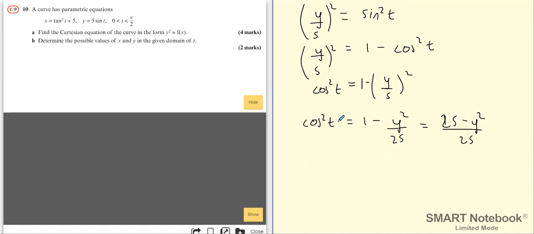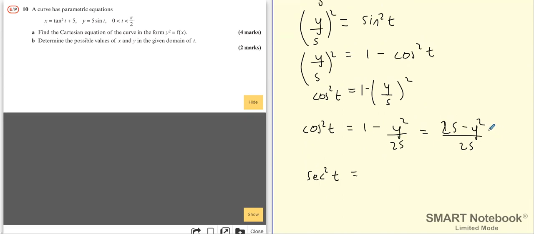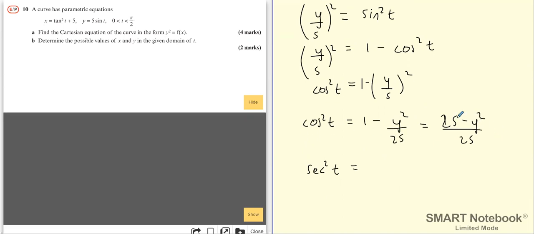Can you please tell me in the chat how I'm going to get sec squared t from this? How am I going to get sec squared t if I know what cos squared t is? Do 1 over. We can do 1 over or just flip it. That will be quicker. We don't want to keep them 1 over because we might lose ourselves in there.